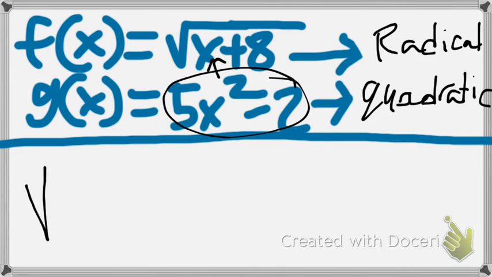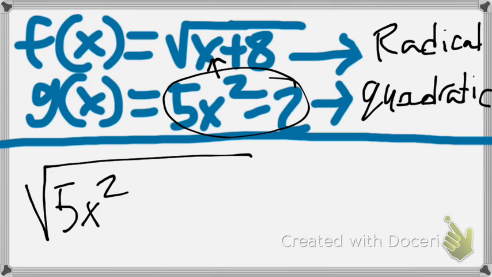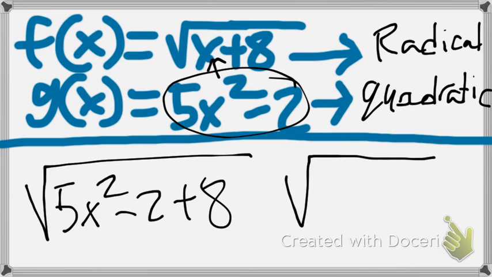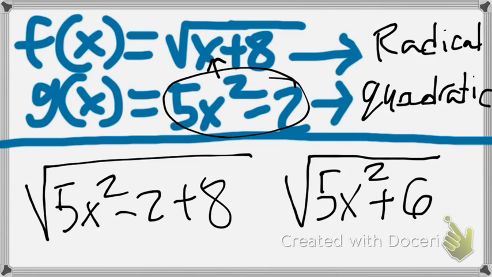So we're going to do the square root of 5x squared minus 2 plus 8. So you're going to go here and go 5x squared, plus 6.